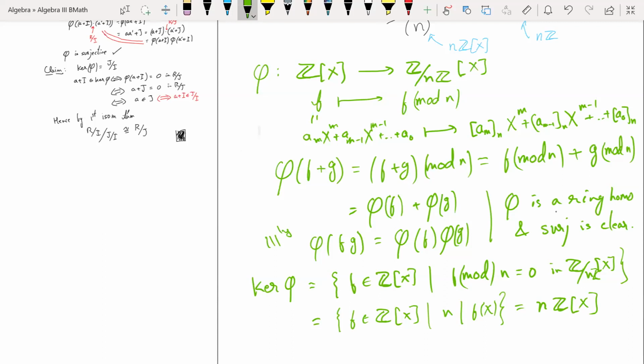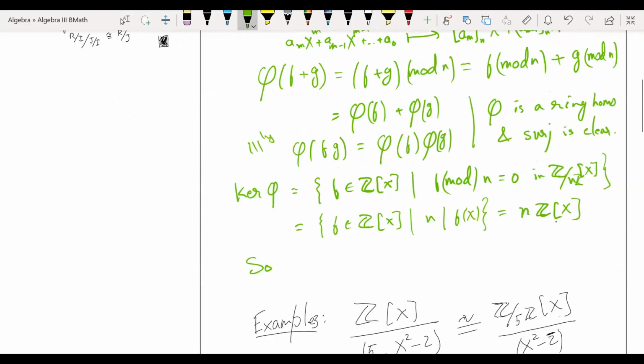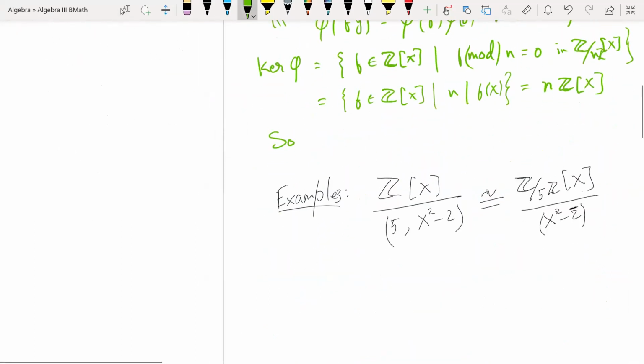So by the first isomorphism theorem, we have that Z[x] mod the kernel nZ[x] is isomorphic to Z mod nZ [x].